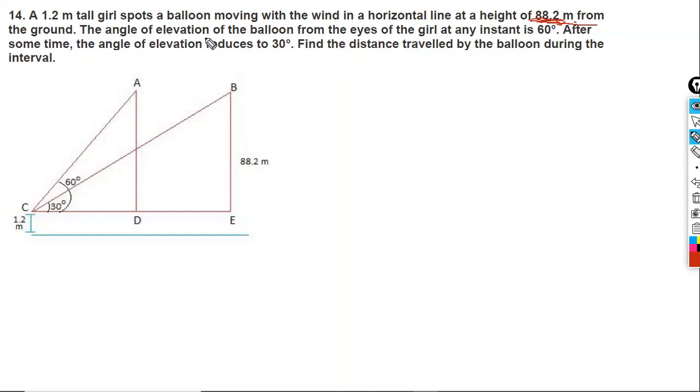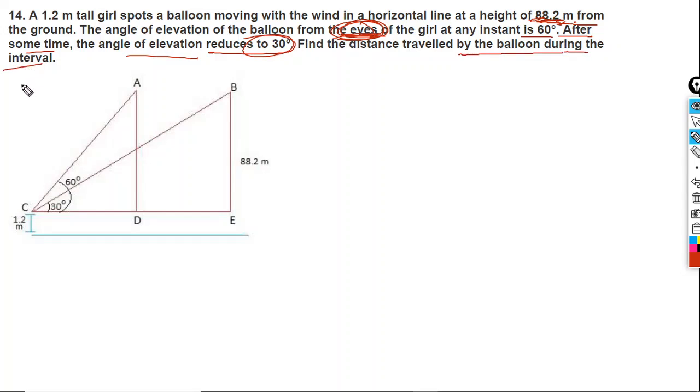The angle of elevation of the balloon from the girl's eye at any instant is 60 degree. After some time the angle of elevation reduces to 30 degree. Find the distance traveled by the balloon during the interval.